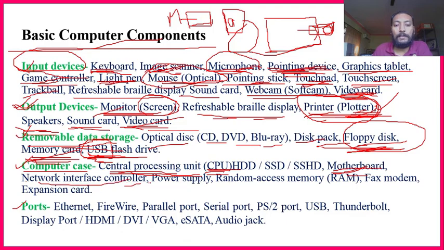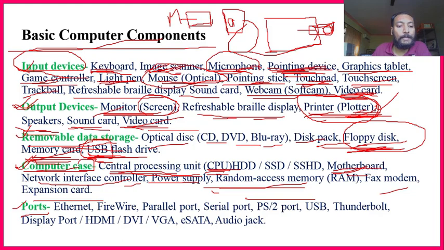The controller, power supply, everything is there. Inside the CPU everything is present, like random access memory, RAM, and ROM, read only memory. So the CPU is very, very important. We will look at the CPU separately. Just remember computer case, this is a very, very important point.